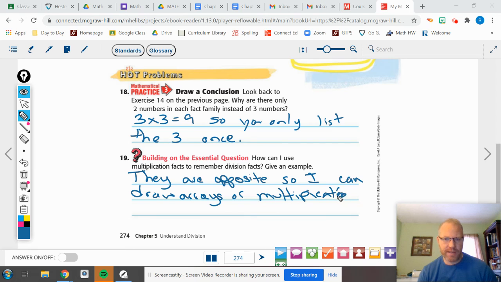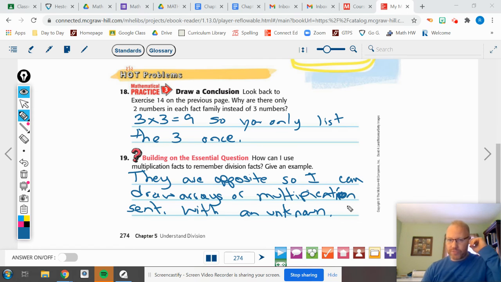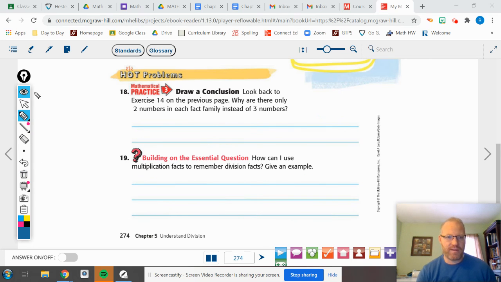I'm just going to say SENT period to make sentences because it's too long, with an unknown. So as you notice, I did that on the last one. We did 5 times what equals 20. So that was a multiplication sentence with an unknown to solve a division problem. And that's something that you can use, the skill of multiplication to solve division.